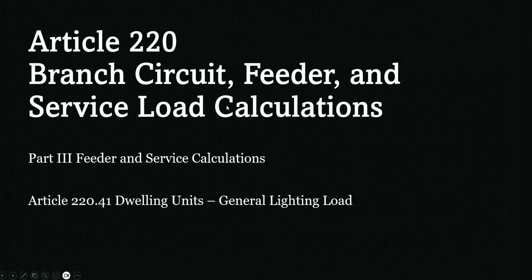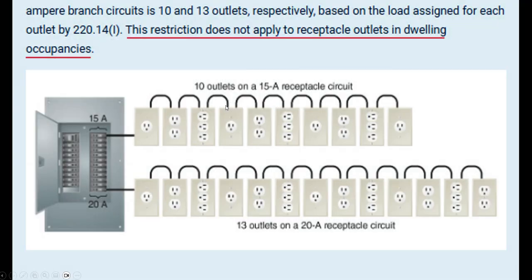I don't think it's in my presentation to do that calculation. But when I first started in the trade, how I was taught to determine how many receptacles to put on a circuit was: 15 amp circuit, 8 plugs; 20 amp circuit, 10. No calculation, just what we call rule of thumb. Well, if you do this calculation for a 20 amp, 120 volt circuit, what level of load will that actually take?